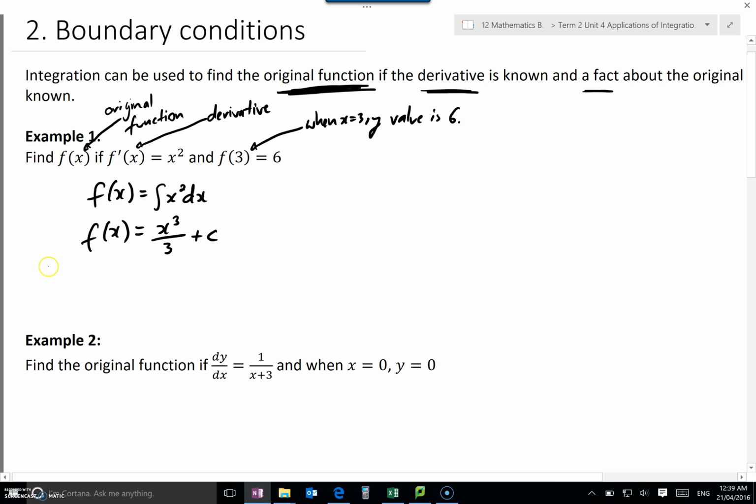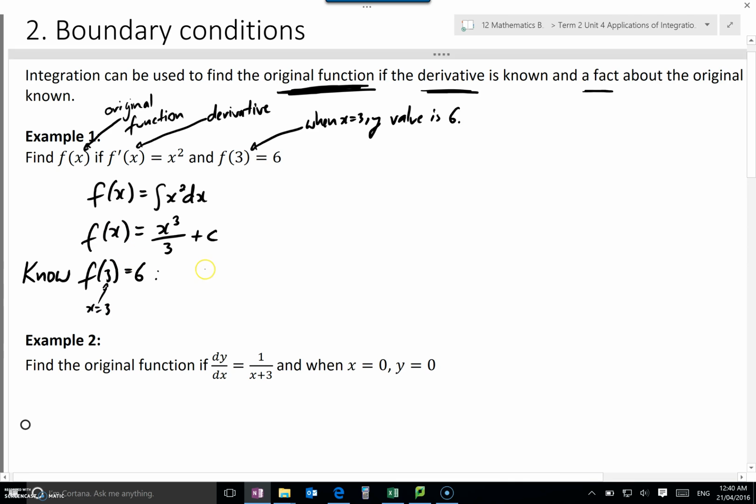So what I'm going to do is use the fact that f of 3 equals 6. Since I know that when I sub in x equals 3, I'm going to end up with 6, I can make the equation 6 equals substituting 3 in where x was.